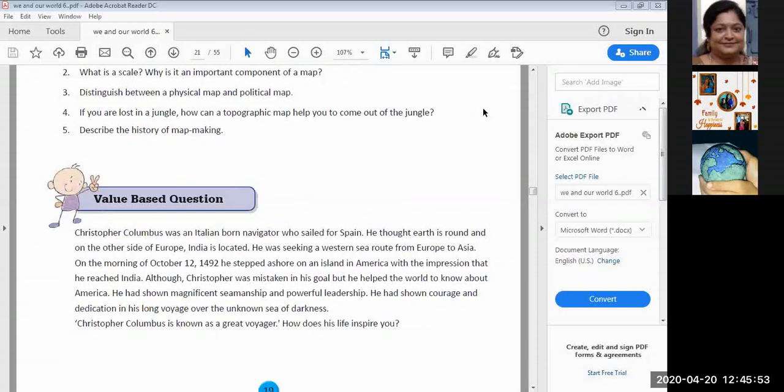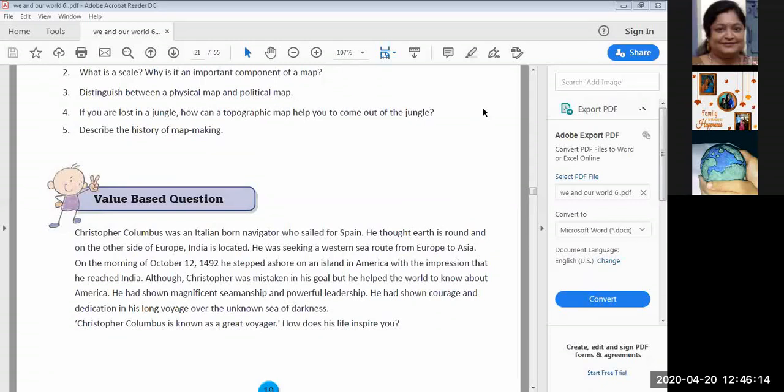On the morning of 12th October 1492, correct, he stepped on the shore of an island, and that island was in America. But he thought he had reached India.